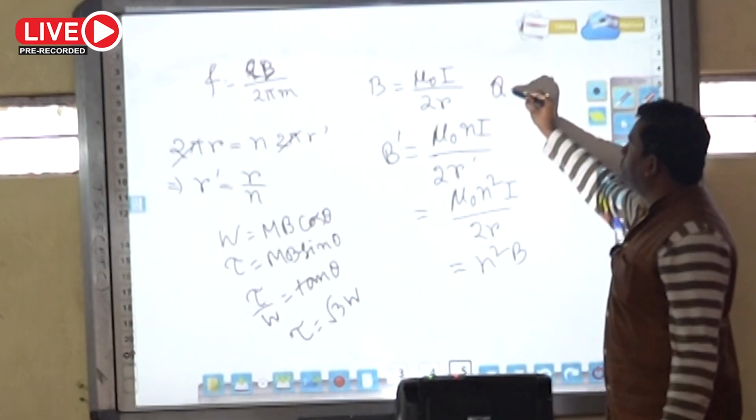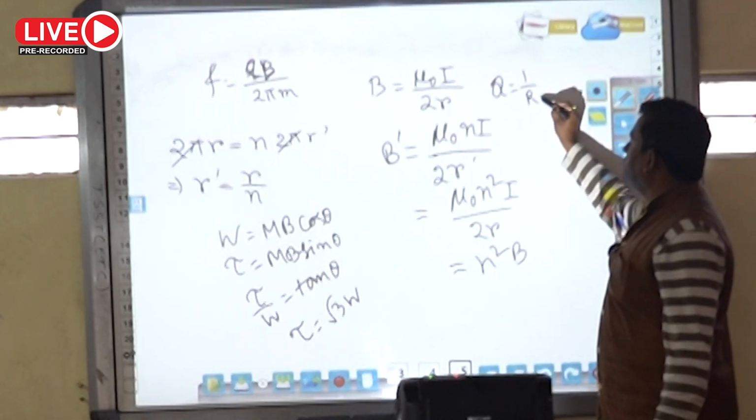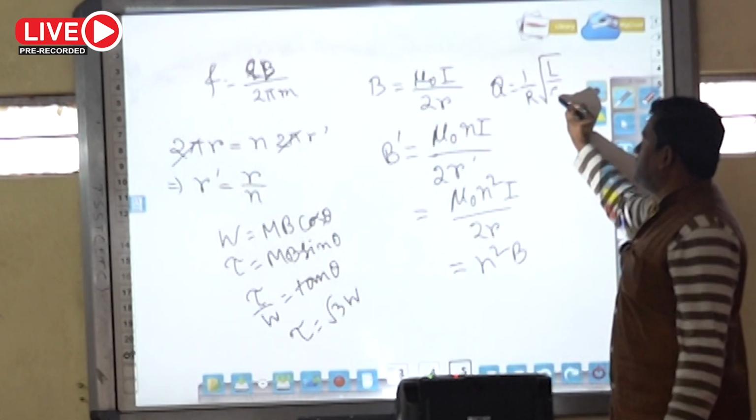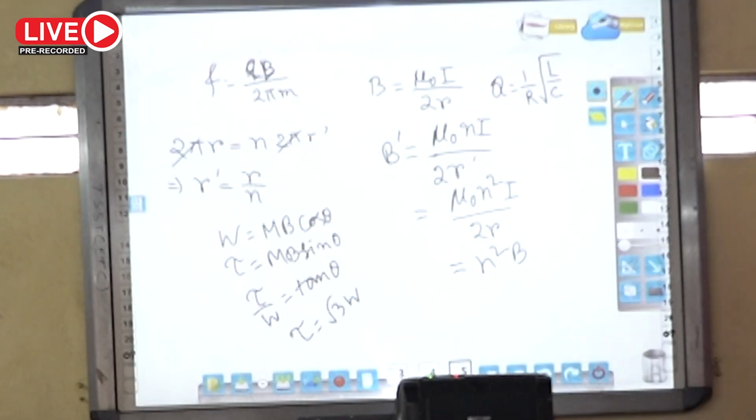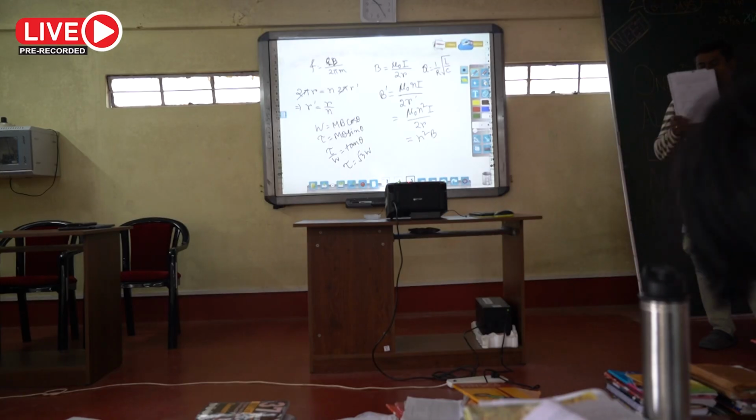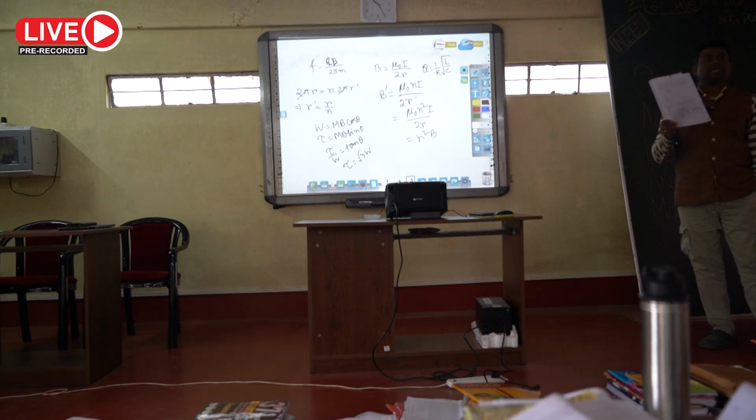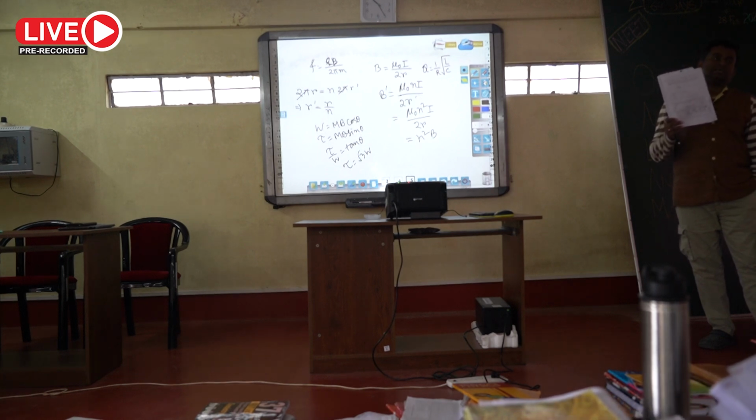Quality factor Q equal to 1 by R root over of L by C. And you have to check this separately to calculate the quality factor for the 4 options. Whichever is the highest quality factor, that is the answer.